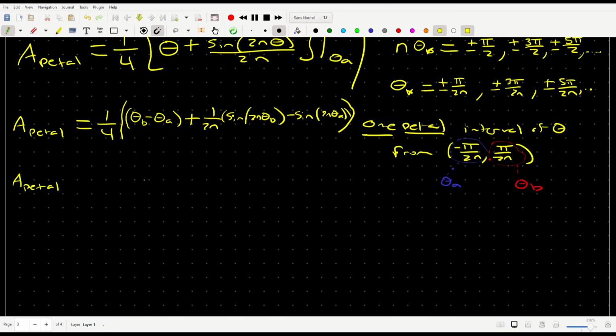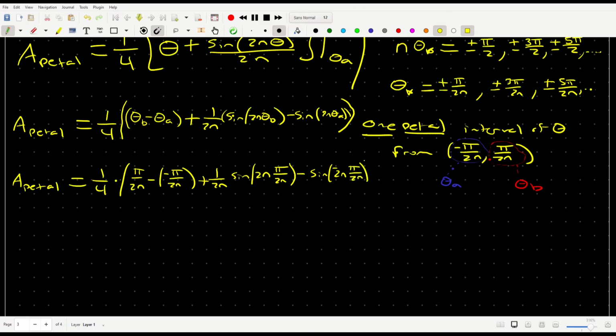This will be pi over 2n minus negative pi over 2n plus 1 over 2n sine of 2n pi over 2n minus sine of negative 2n pi over 2n.